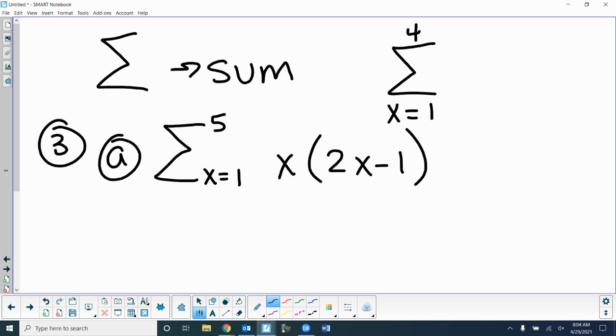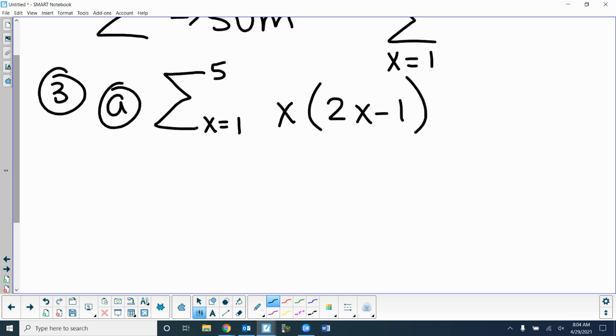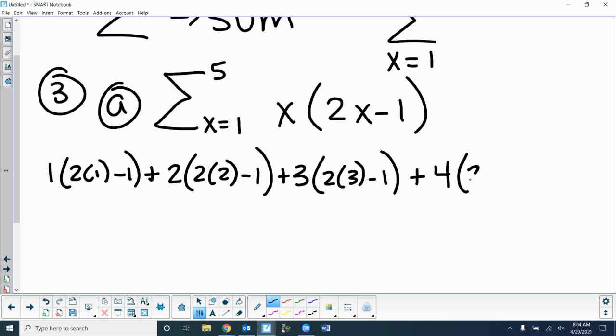So what this means is to do 1 in for X plus 2 in place of X plus 3 plus 4 plus 5.